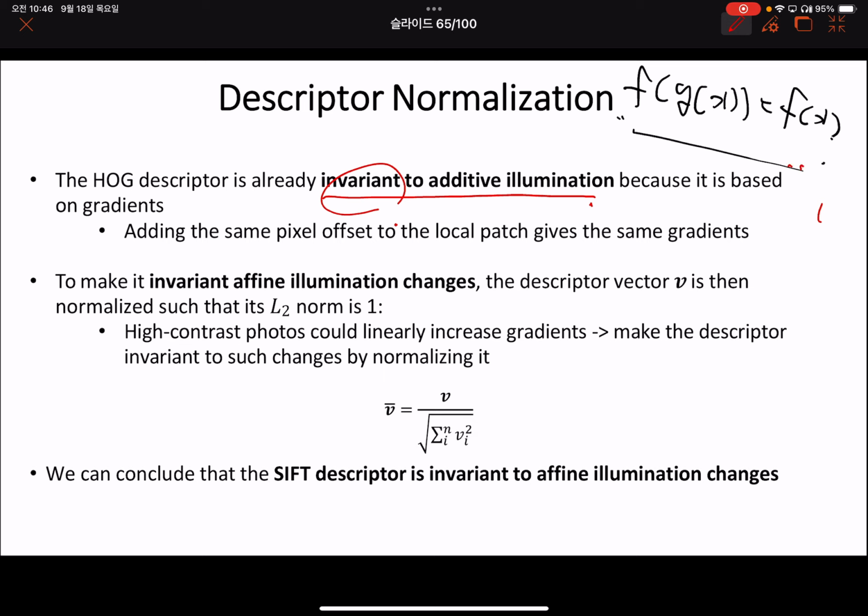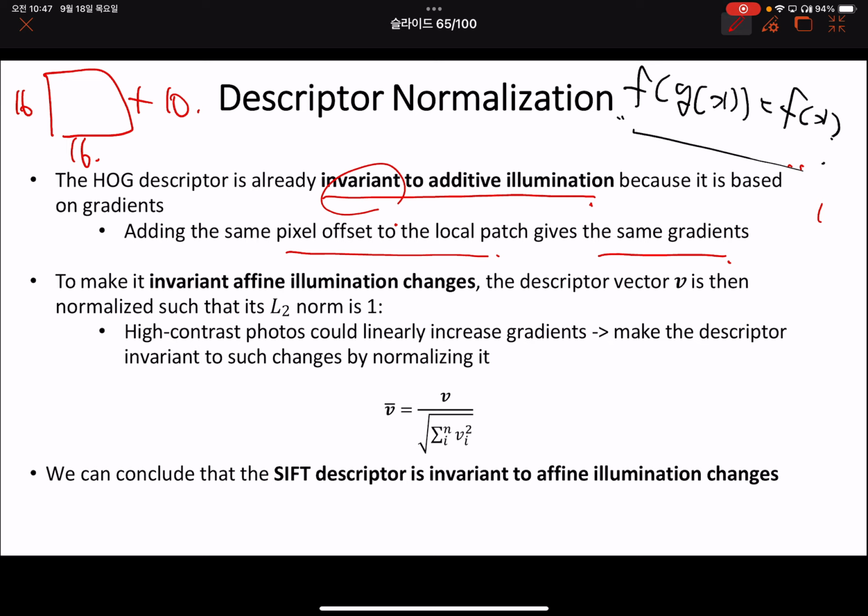And invariant to additive illumination means we can add some constant pixel values, a pixel offset, to the local patch, right? For example, if we have this 16 by 16 local patch, we can add a scalar, like maybe 10, to make it brighter. We can add the same pixel offset to all the pixels in the local patch, but the gradient is the same, right?